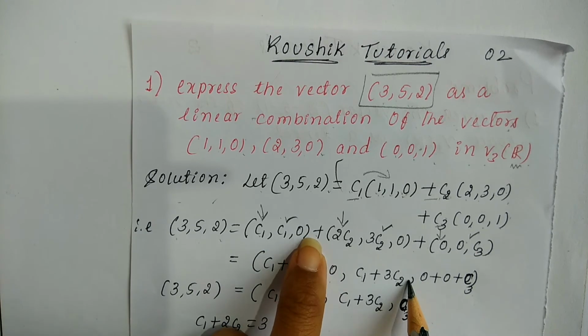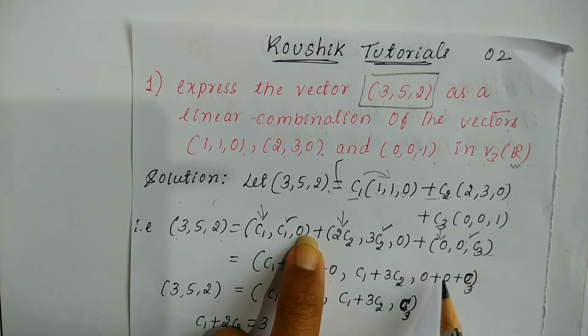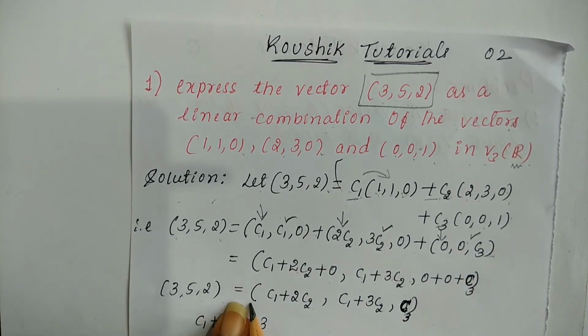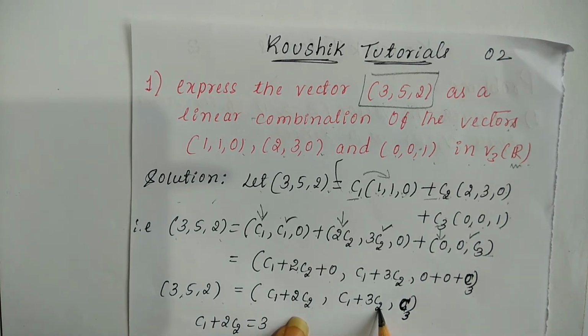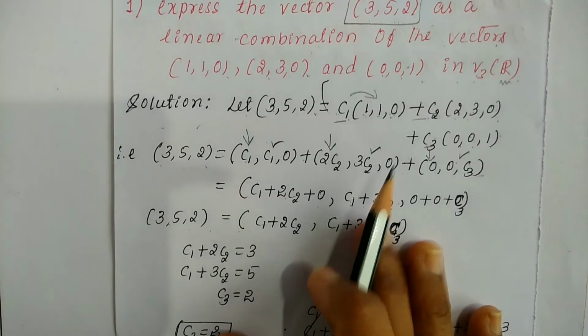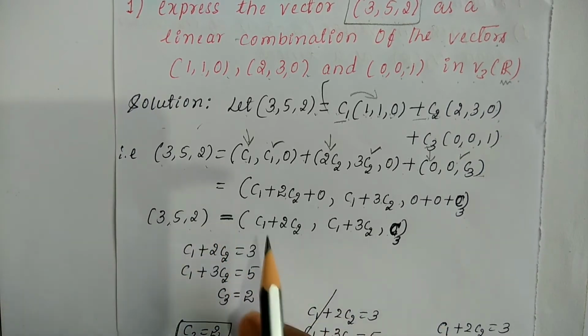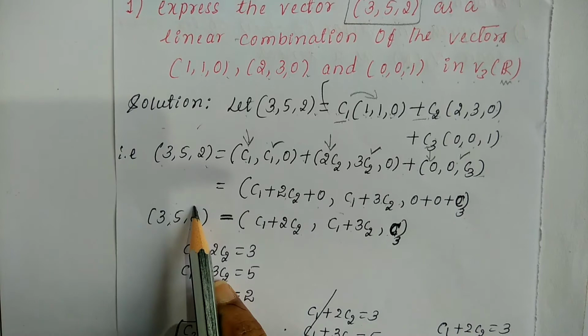Now the last coordinate: 0 plus 0 plus C3. Okay. So (3, 5, 2) is equal to (C1 plus 2C2, C1 plus 3C2, C3). So now equate. Here we have the equal sign, therefore equate the first coordinate with the first, second with second, third with third.